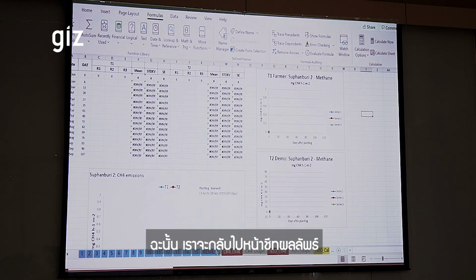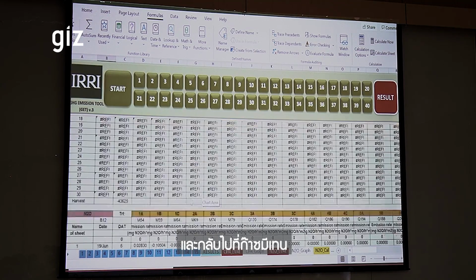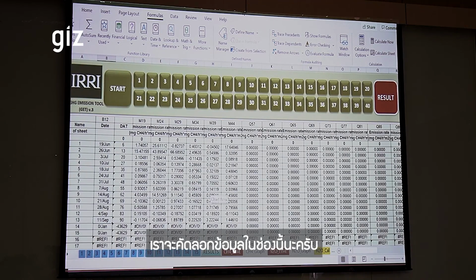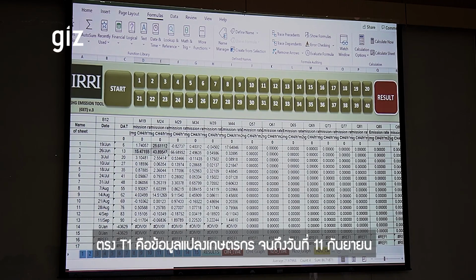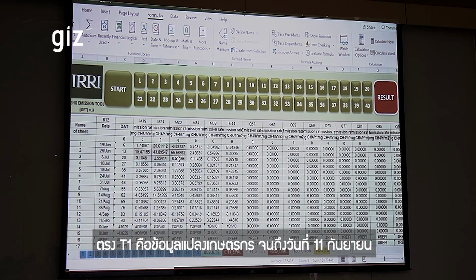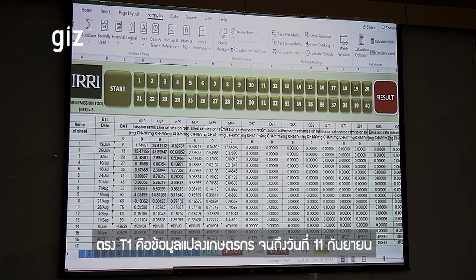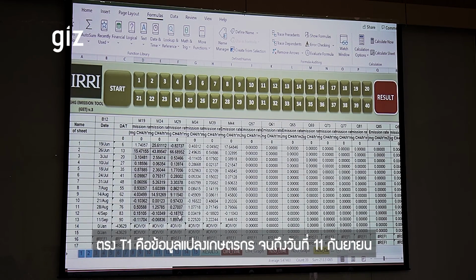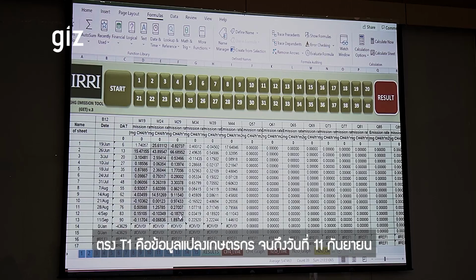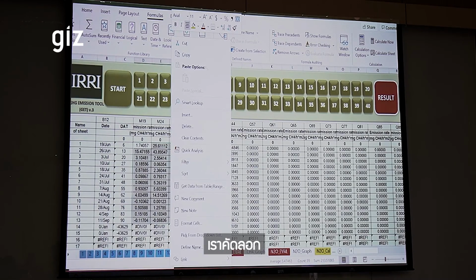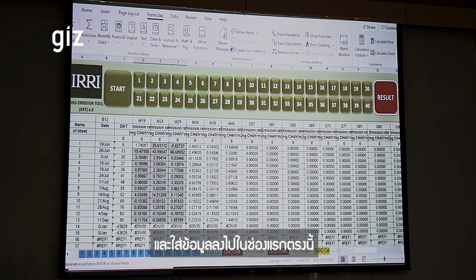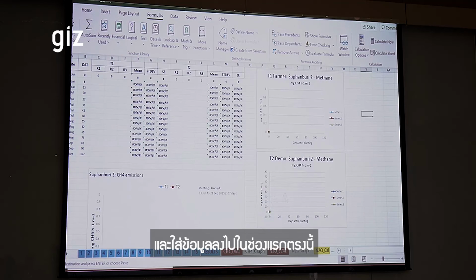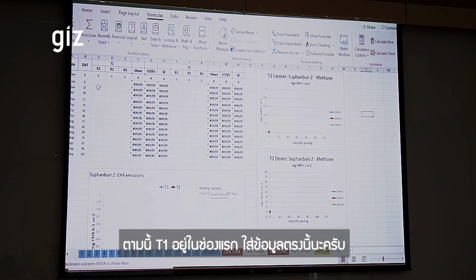So we go back to the results, we go back to the methane, and we copy this block. This is treatment 1, the farmer practice. This block until 11 September we copy, and then we put it into the first block here.